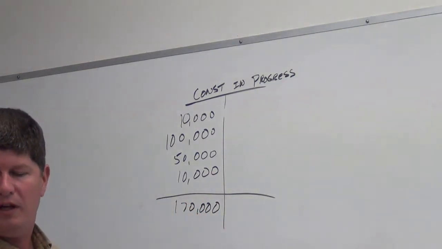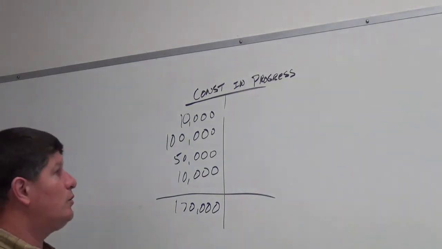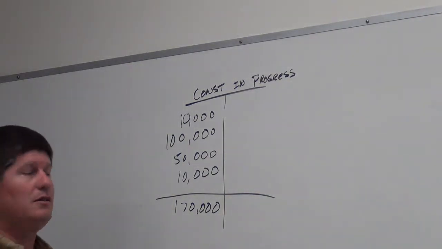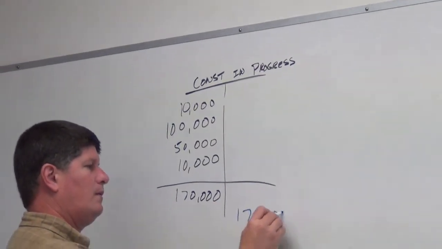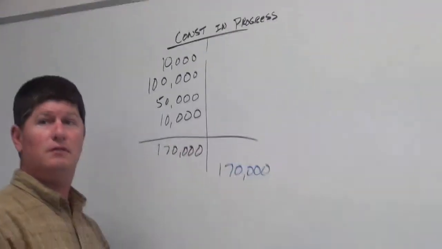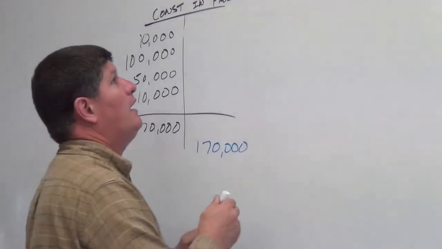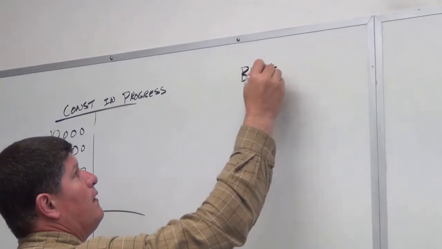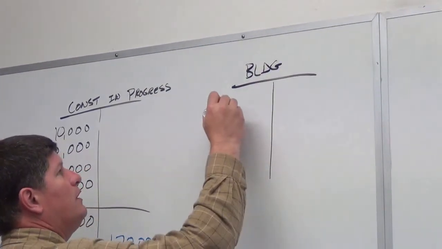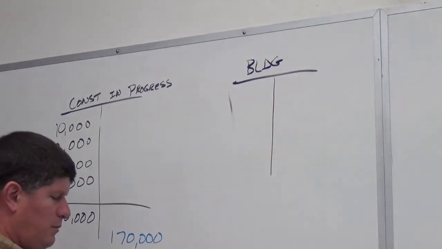Tomorrow we're going to move in, so I need to capitalize this. You're going to credit this account, and you're going to go to your building account, and you're going to do it in the same color so they match.